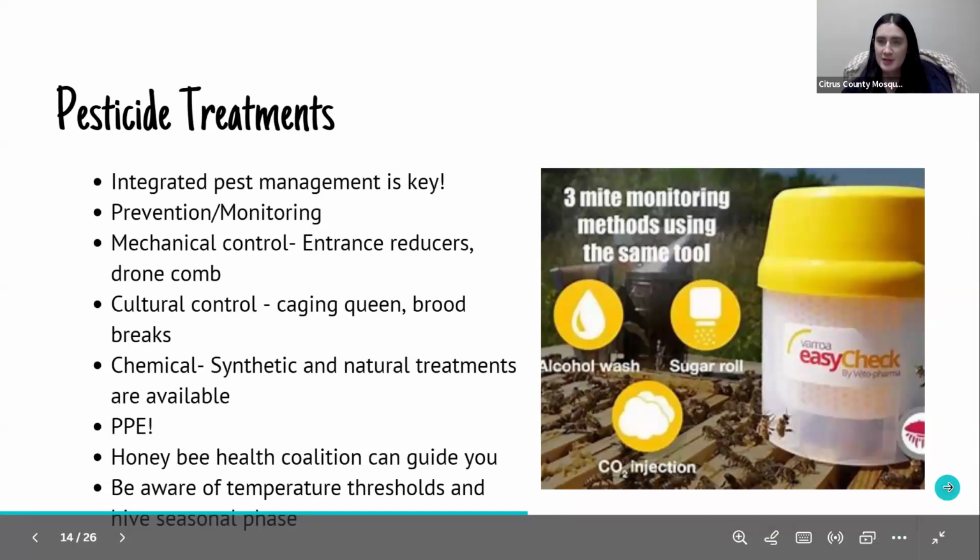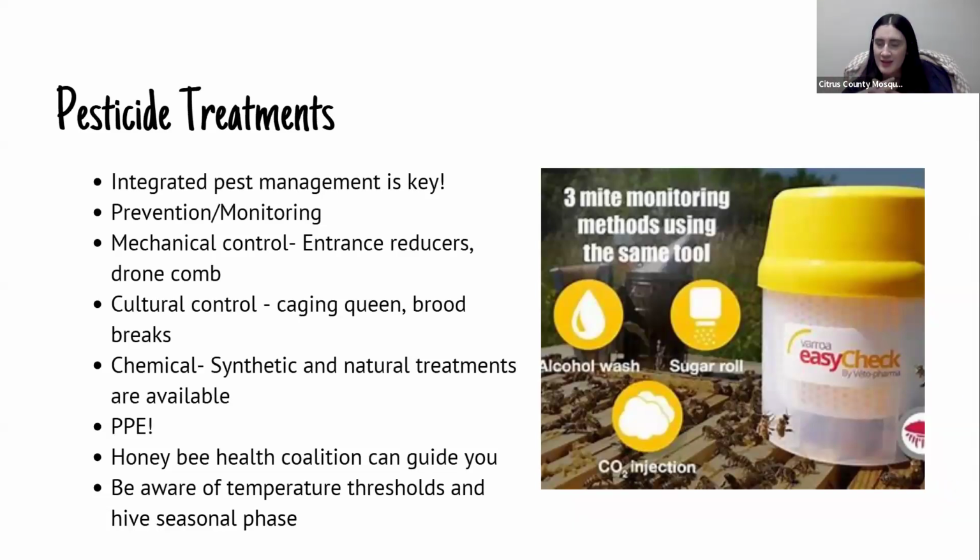Okay, so integrated pest management is key. That is where you attack the pests from all different angles and don't just rely on a miticide. Using the varroa mite as an example, you want to make sure you're monitoring for the pest and preventing them as best as possible. Get entrance reducers and drone comb.